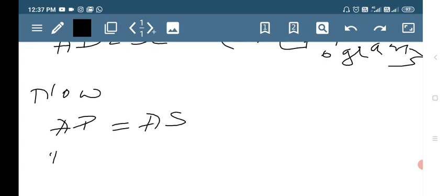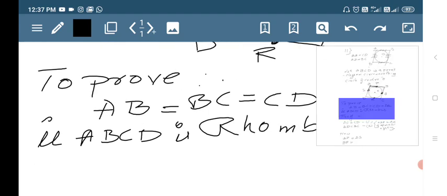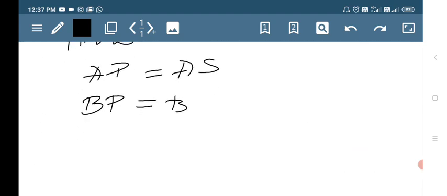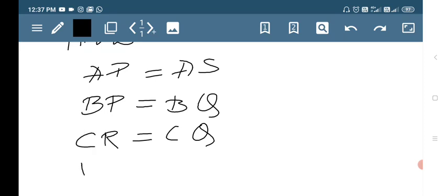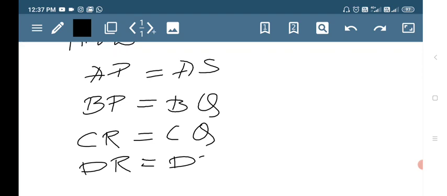Okay, BP is equal to BQ. Okay, CQ is equal to CR and DR is equal to DS.